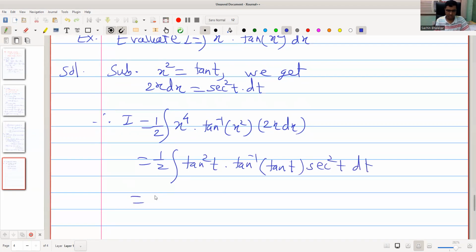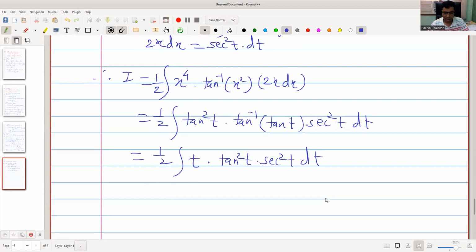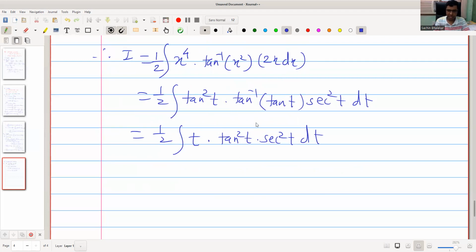Okay, now this is 1/2 integral. This tan inverse tan t is simply t, multiplied by tan square t into sec square t dt. Now we group this expression as t multiplied by tan square t sec square t.